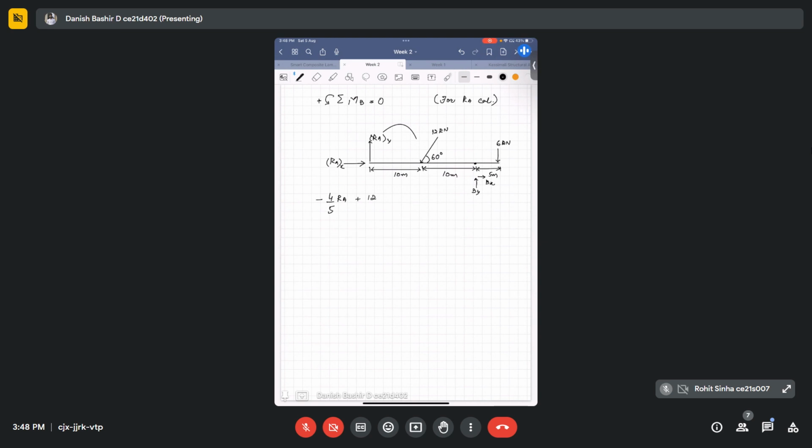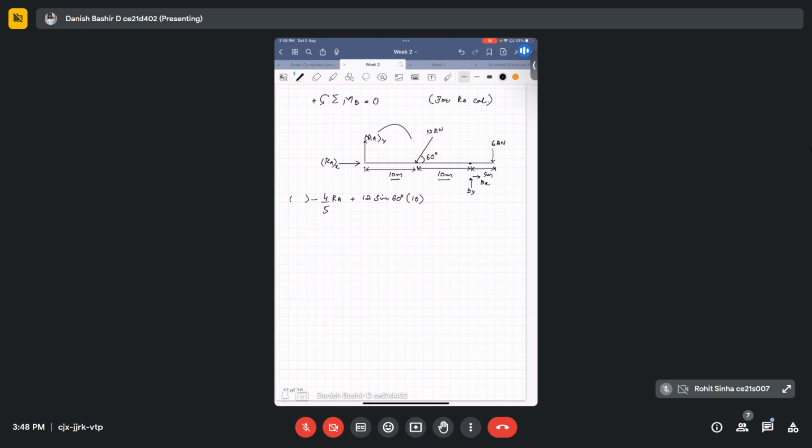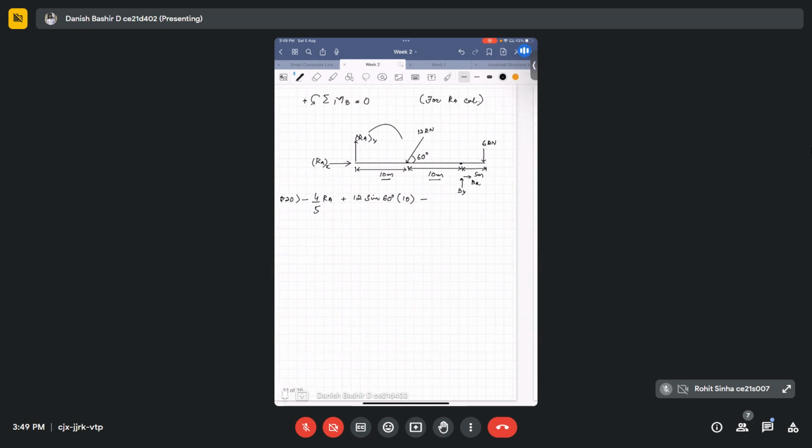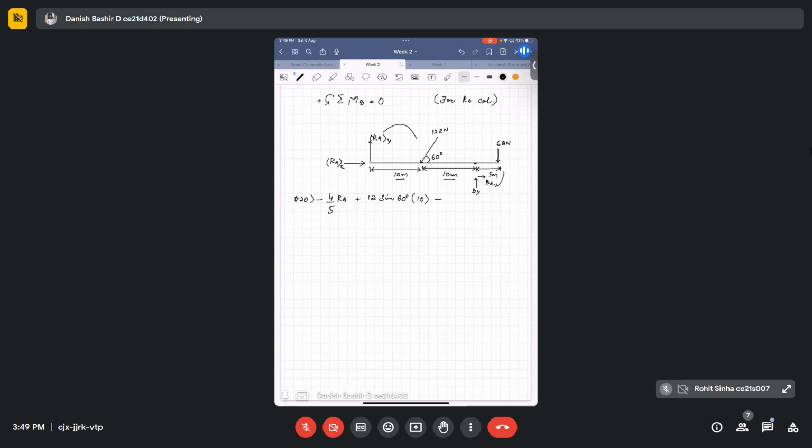It will be 12 sin 60 degree, and its lever arm is, here I forgot, 20. 10 plus 10 up to point B, it's 20. Then the 6 kilonewton is causing a clockwise moment at B, so it will be negative 6 and the lever arm is 5.